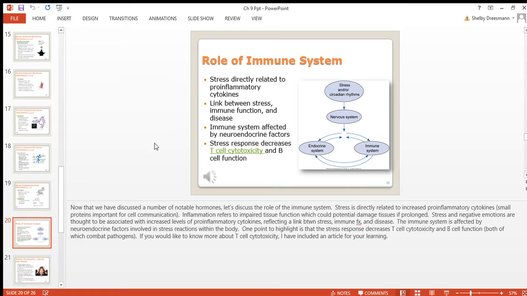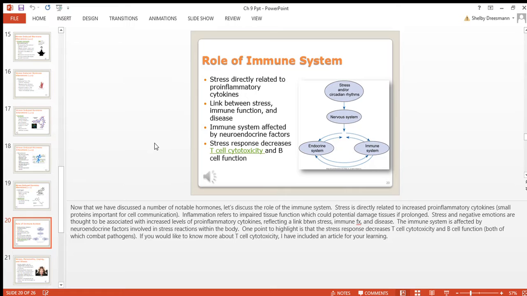Immune system stress is directly related to increased pro-inflammatory cytokines. Cytokines are small proteins important for cell communication. Inflammation refers to impaired tissue function, which could potentially damage tissues if prolonged.